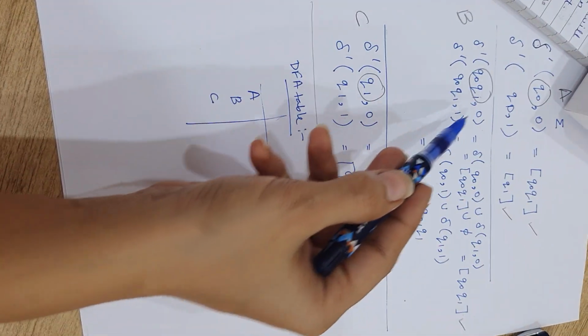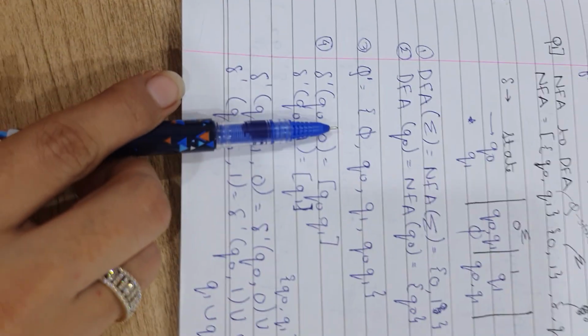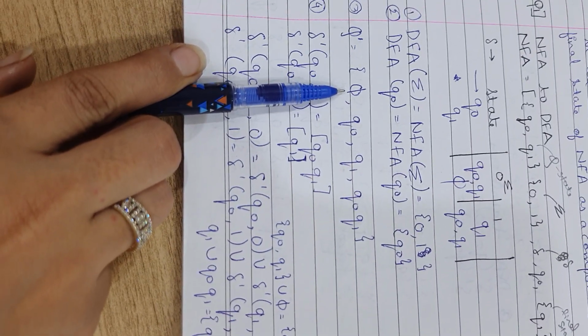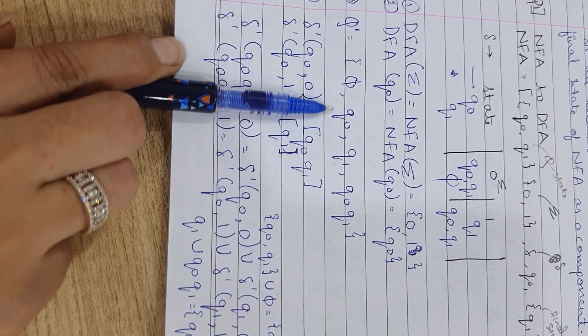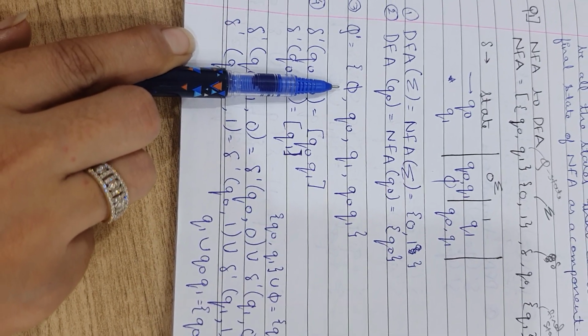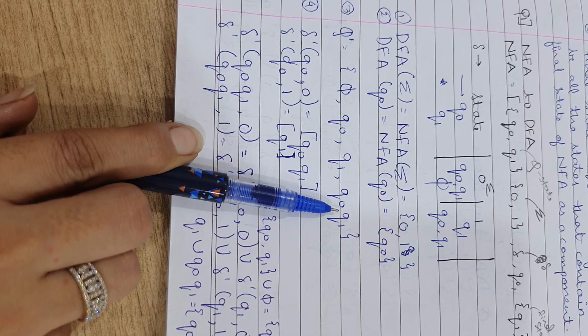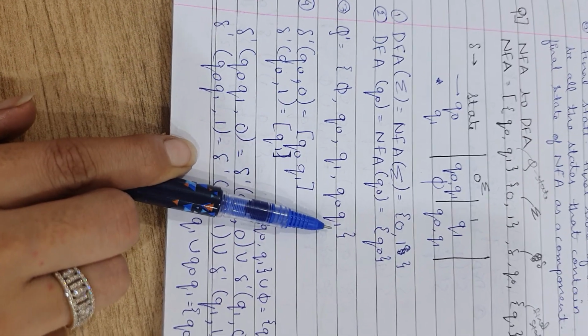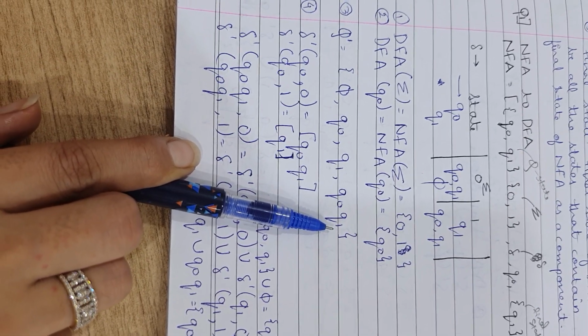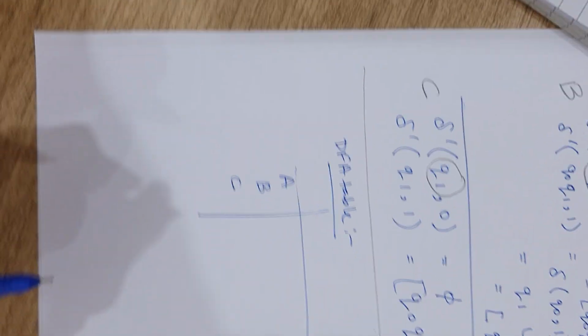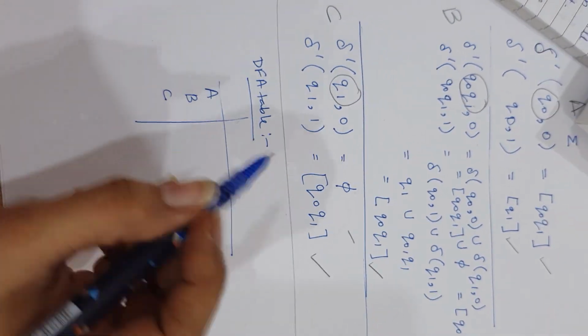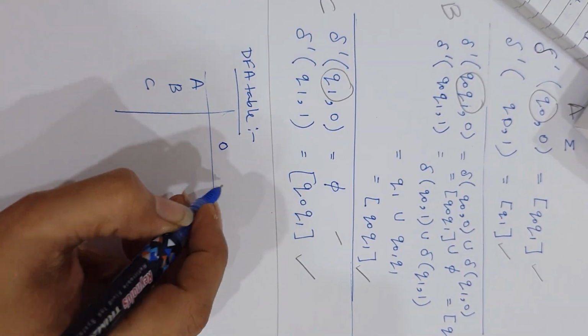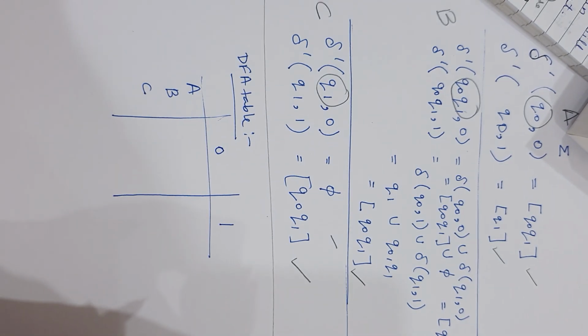Because these are already present in the power set. So the states which are generated are not out of this power set. There can be fewer states which we get, but they will be out of these states which are listed in the power set. So A on 0 and on 1, what are we getting?